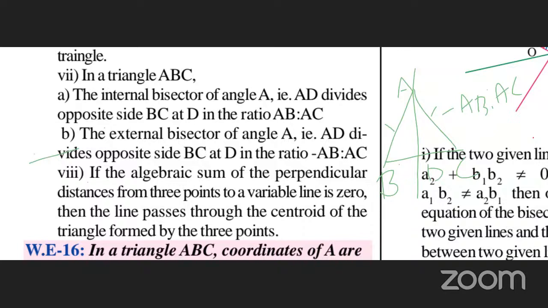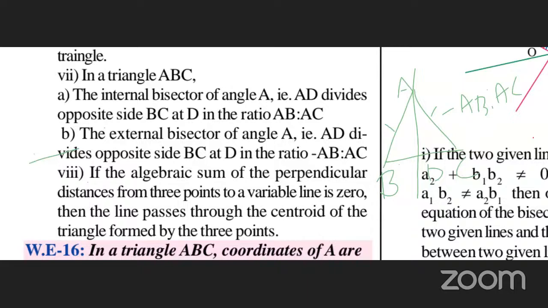If the sum of these perpendicular distances P1, P2, P3 is equal to 0, then the line passes through the centroid of the triangle formed by those 3 points.